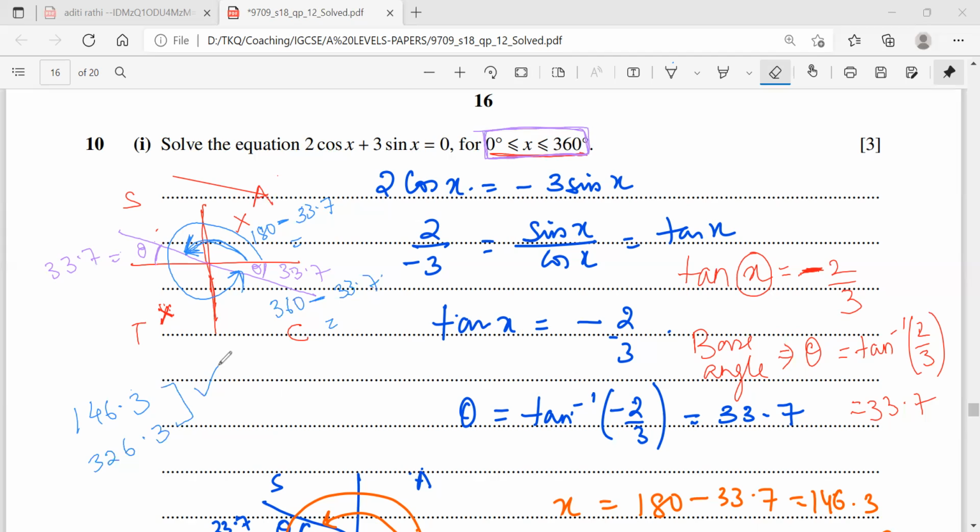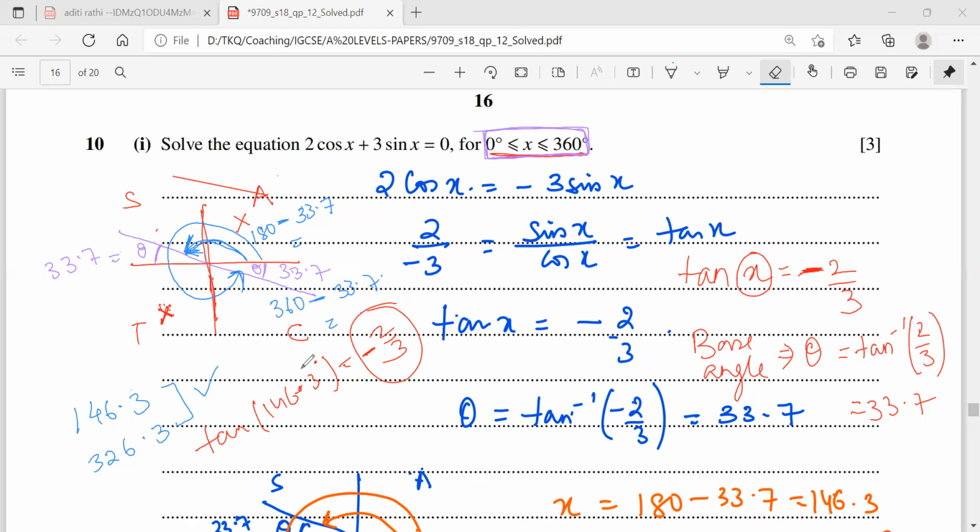Now see what will happen. The moment you put tan of 146.3 degrees, you will automatically get minus 2 upon 3 as the answer. Put it in the calculator, check. I'm getting minus 0.66, which is 2 upon 3 as a decimal.